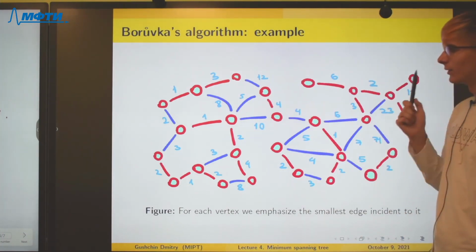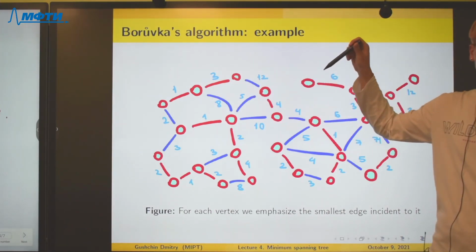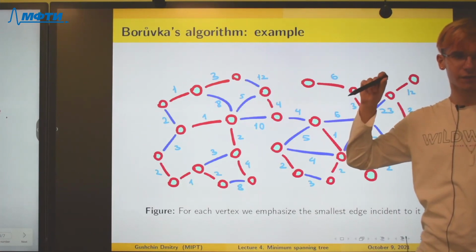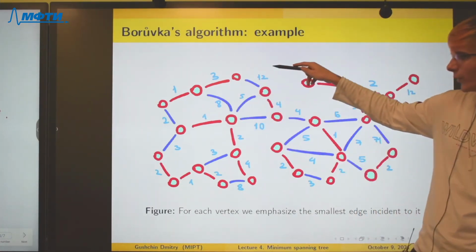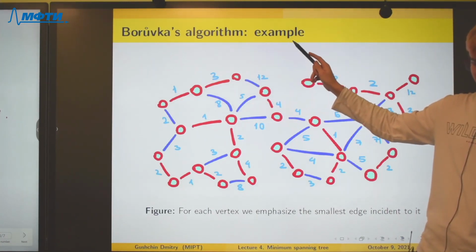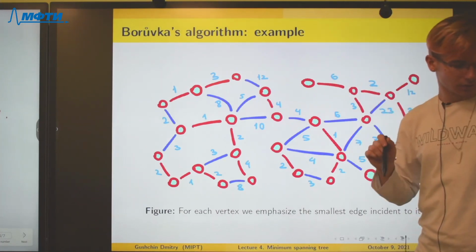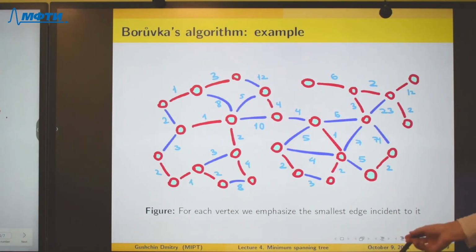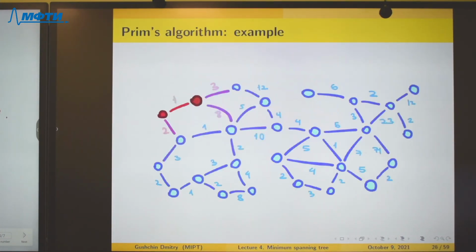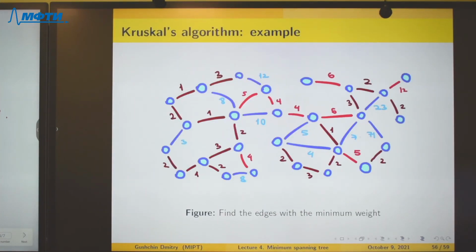Then, for each set in the disjoint set, we find the edge with the minimal cost, and we add it and repeat for each component and repeat while we don't have one component. So it's about Kruskal's algorithm.